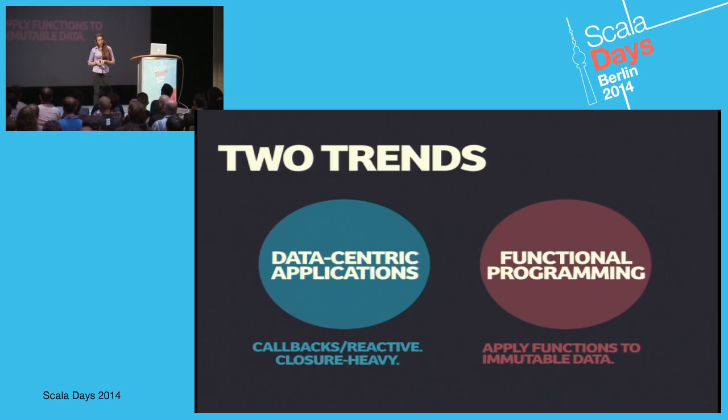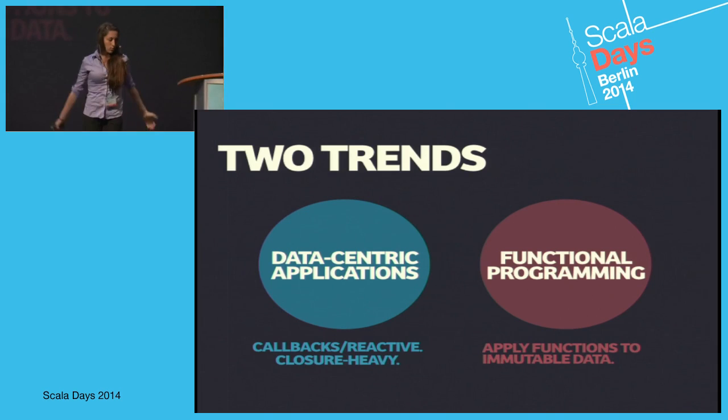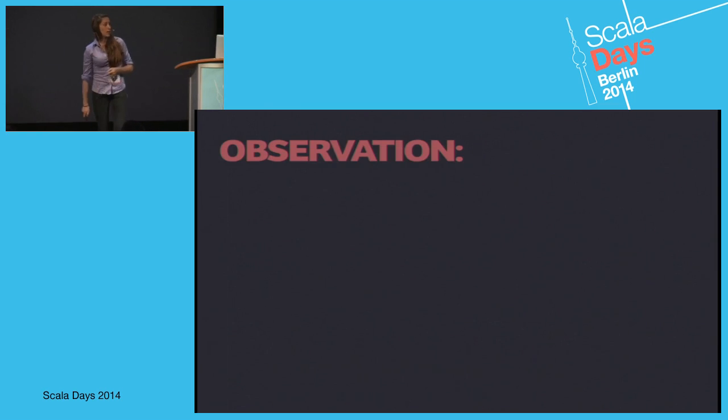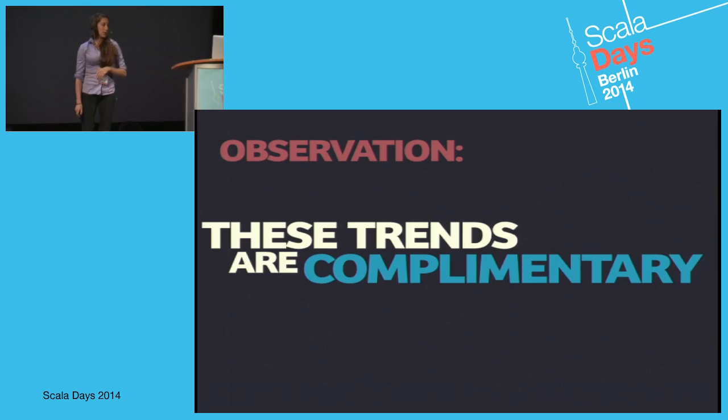And at the same time, you have this huge trend towards, hey, let's do more functional style everything. It's often a little bit more concise and correct, and there's this nice property that you typically apply functionality to immutable data, right? Which in the world of concurrency helps out because you wind up with fewer data races, for example. And the nice thing is that these two trends are rather complementary.